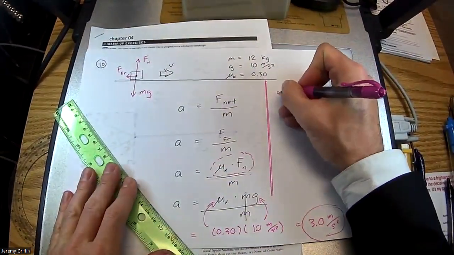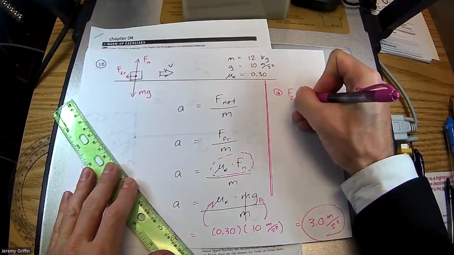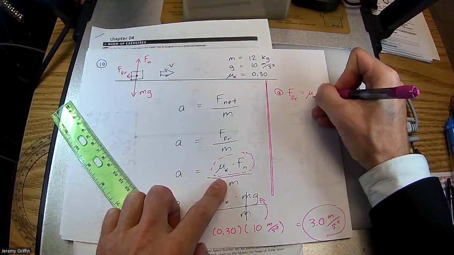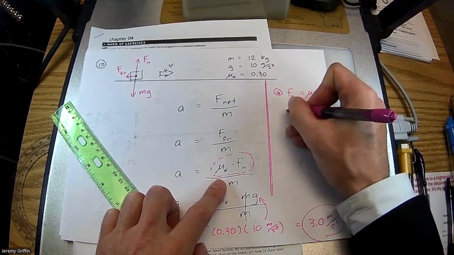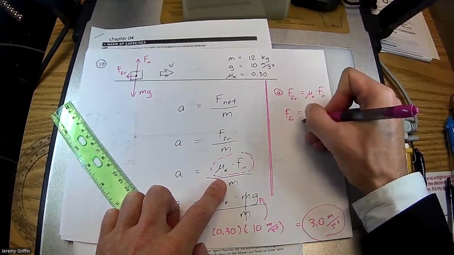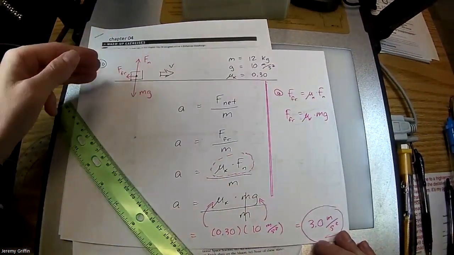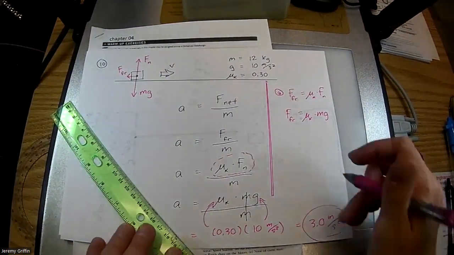Okay. So part A, the friction force would just be the coefficient of friction times the normal force, which is the same thing as the coefficient of friction times the weight, as long as you have a level road. If it was going up a hill, you've got to be careful about that.